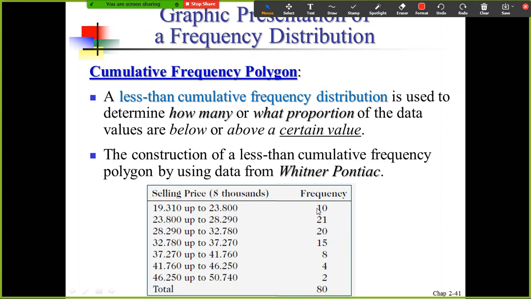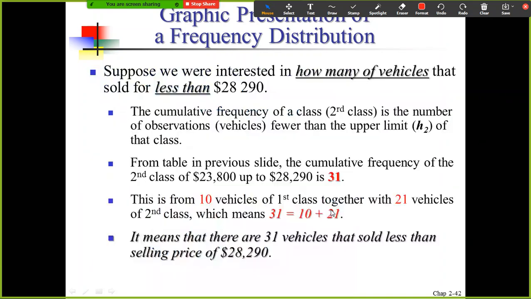You can count 31. How to get 31? 21 cars sold less than this price in the second class, and 10 cars sold less than this price because the first class is lower than the second class. That's why to count cars sold less than 28,290, we count the cars in the second class together with the cars in the first class.